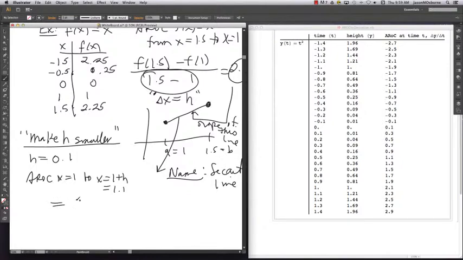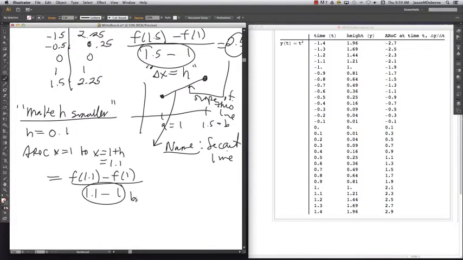According to the table, the function evaluated at 1.1 minus the function evaluated at 1, over 1.1 minus 1, which is our h value, will be 2.1.